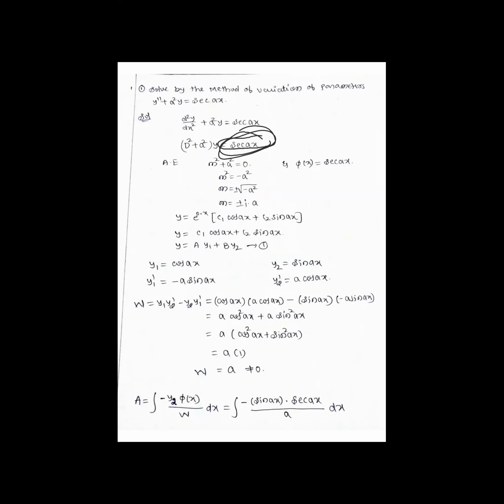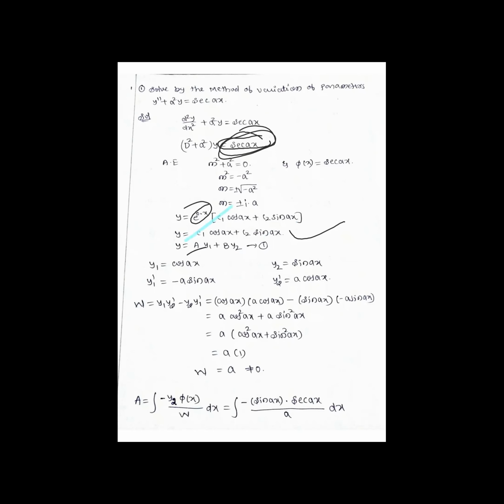I told you we have to simplify here clearly. e raised to 0 into x will be 1. So I'm writing c1 cos ax plus c2 sin ax. At this stage it is very, very important that you take only the constants: c1 is a constant, take it as A, and c2 is a constant, take it as B.